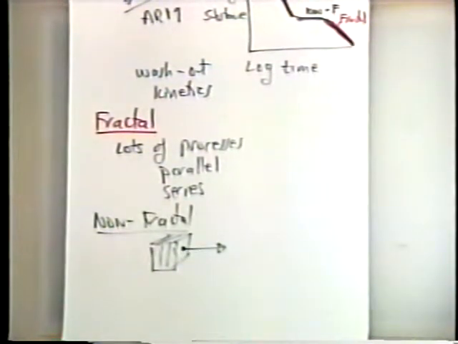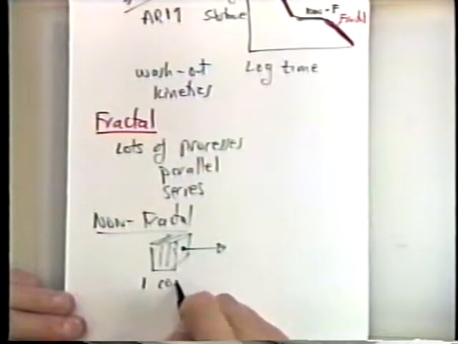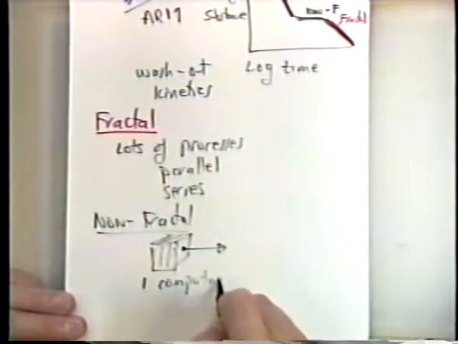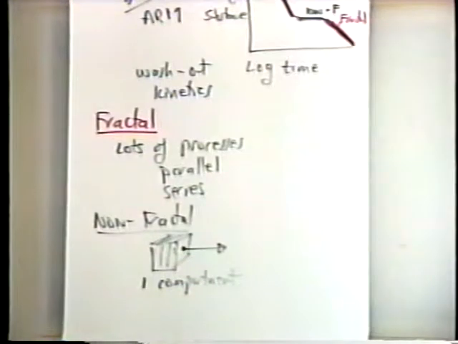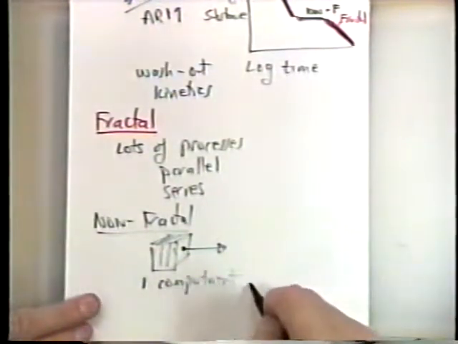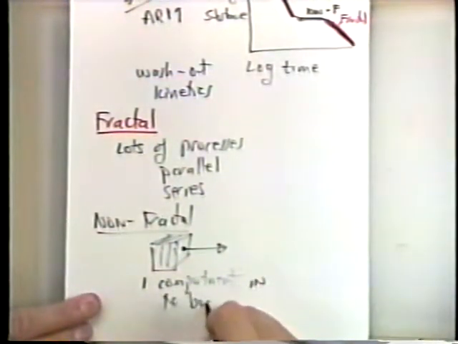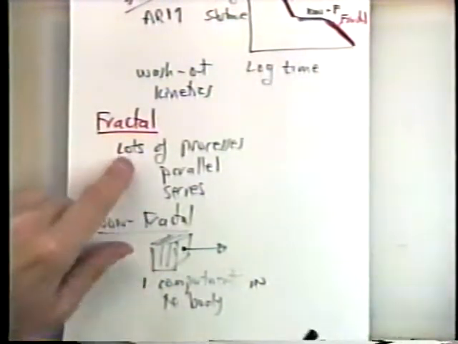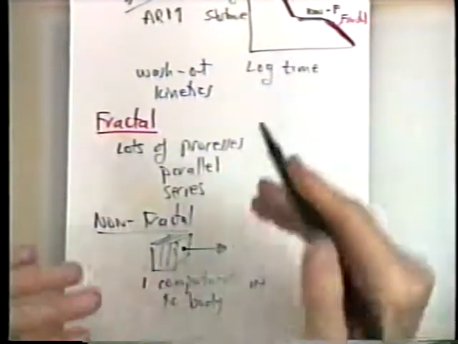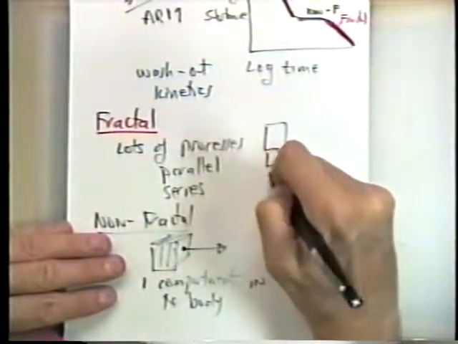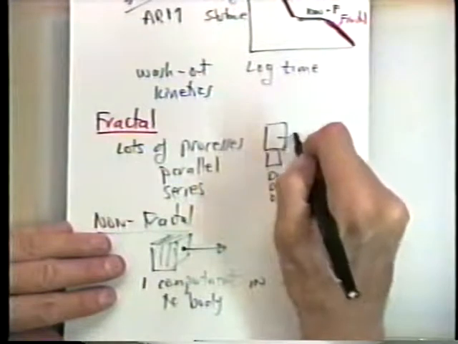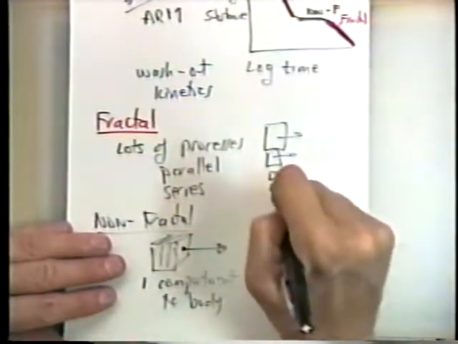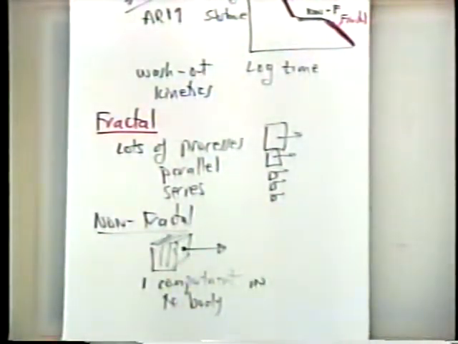So when we have one size or one unique volume in the body, one compartment, so each of these pens is one compartment in the body. In the fractal, what we could have is either we have in parallel a lot of compartments of different sizes, and the stuff is leaking out of big compartments and smaller and smaller compartments.